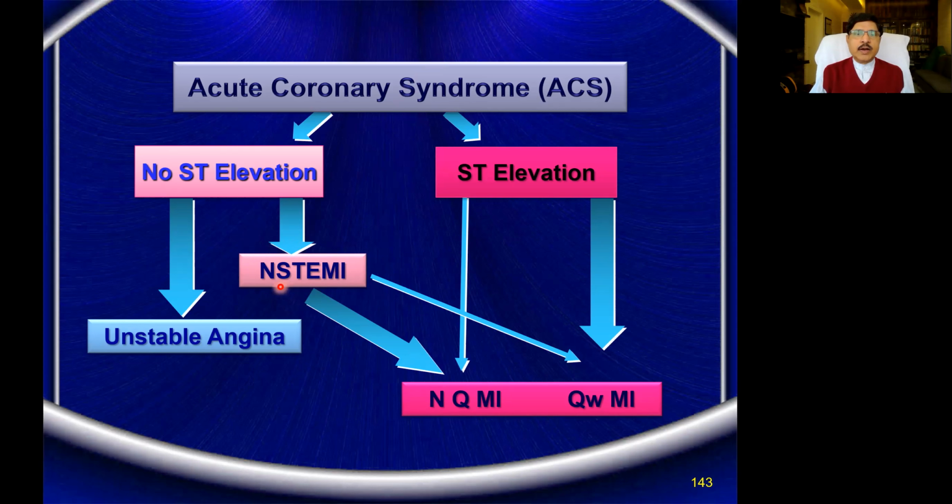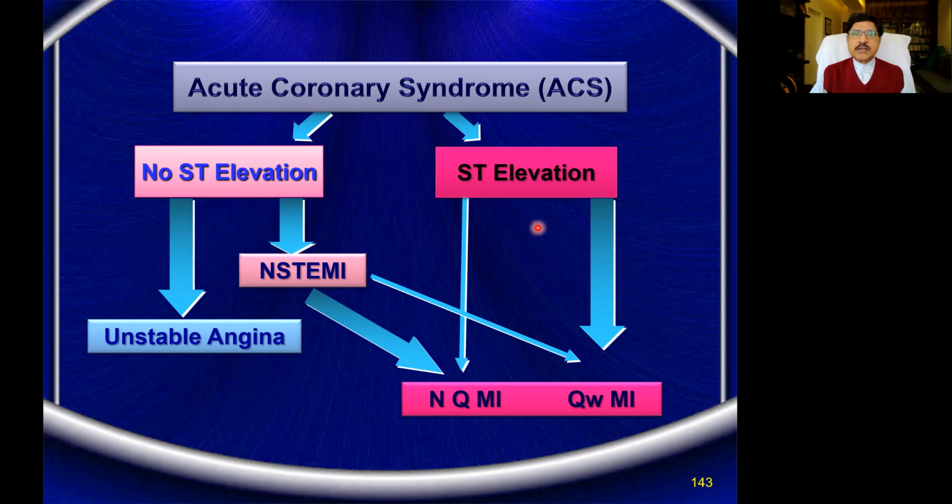Then there is non-ST segment elevation myocardial infarction, where subendocardial injury and ischemia are there, and that injury leads to a release of enzymes. Whereas in unstable angina there is no injury, only ischemia, and you may have no enzymes elevated. So that's how they differ. This can progress sometimes to Q wave myocardial infarction or non-Q wave myocardial infarction. Both are possible in the evolution.